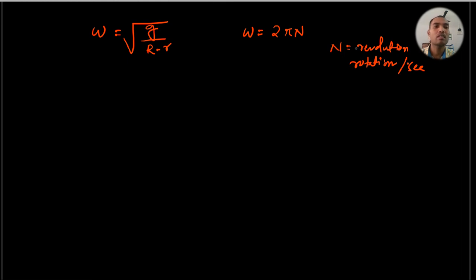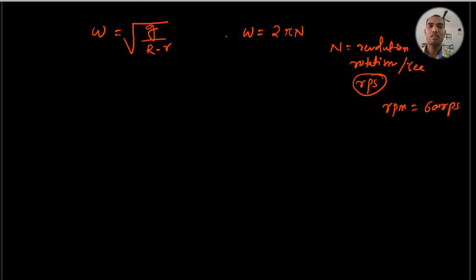So this is the angular speed, or rotation per second, which is called RPS. Remember, this is RPS, not RPM. You have to convert the RPS into RPM. What do you have to do? You have to multiply by 60. So I can say RPM is equal to 60 into RPS. This is the formula, because 1 minute is equal to 60 seconds, so you have to multiply by 60.